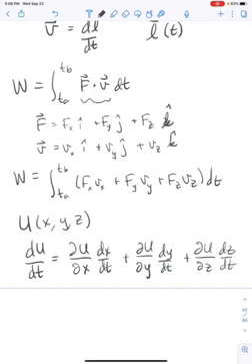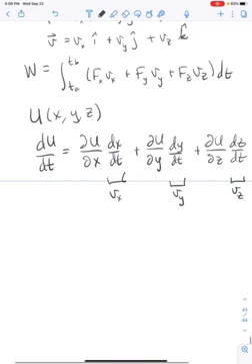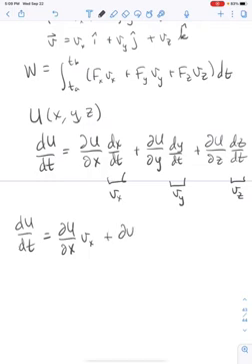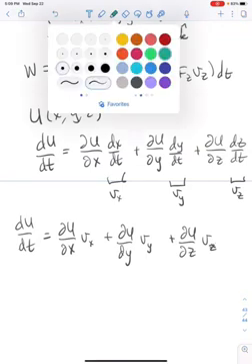Right? This is just the chain rule from calculus, okay? And now we should notice that dx/dt is vx, dy/dt is vy, dz/dt is vz, okay? And so that means that we can write dU/dt like this: ∂U/∂x vx plus ∂U/∂y vy plus ∂U/∂z vz, okay?